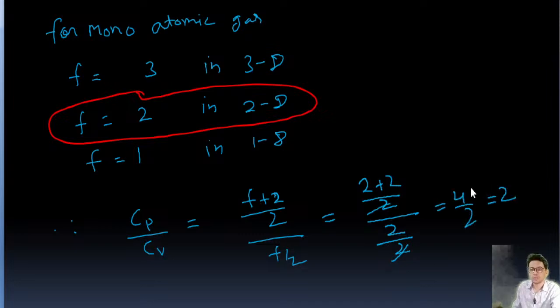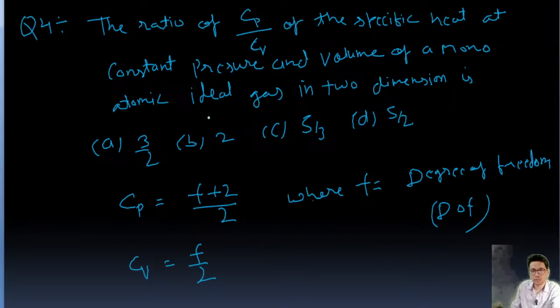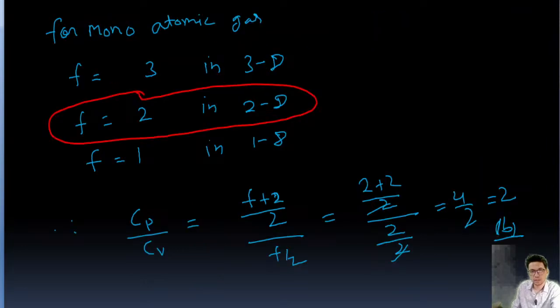Okay, so 2 is the answer. So which option is matching? Option B is matching, guys. Okay, that is option B. Okay, so this is the answer, guys. I hope, guys, you have understood it. Very simple question, and these are 3.5 marks questions.